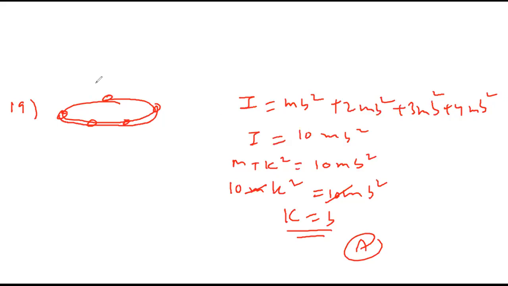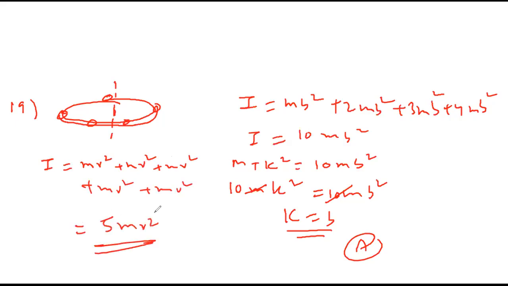That means if you draw a line perpendicular, all of these will become equidistant again. So it will be mr square plus mr square, five times. So total 5mr square. Option A.